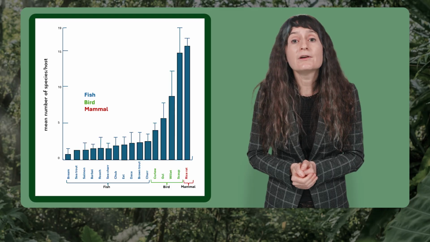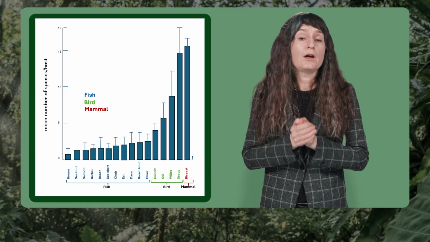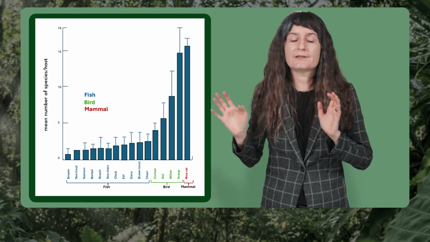Now, you might think it can't be that typical for two different parasite species to wind up in one gut, right? Wrong. There are tons and tons of intestinal parasites, not just tapeworms, but lots of other things that compete for space and resources inside of the intestine. This is the mean number of intestinal parasite species per host across a bunch of different fish, birds, and mammals.